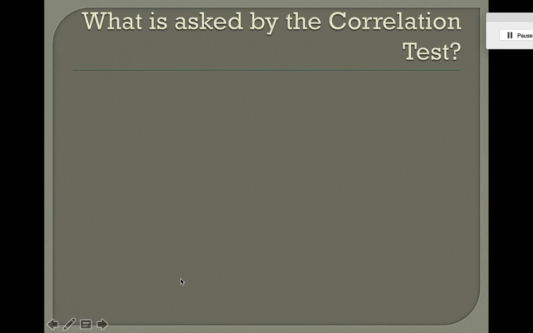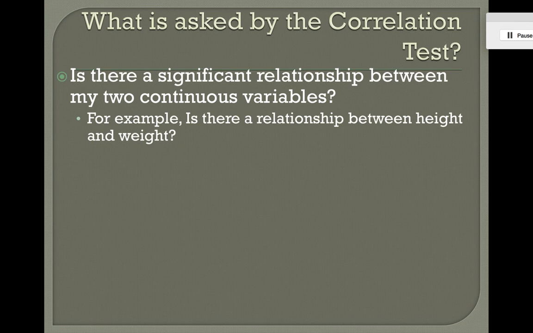So if we ask ourselves the question, what is really being asked by the correlation test, the main question here that the correlation test is really asking us is the following question. Is there a significant relationship between my 2 continuous variables? Now here, the sentence that we continue to use this semester, which is the effect of IV on DV, still works.